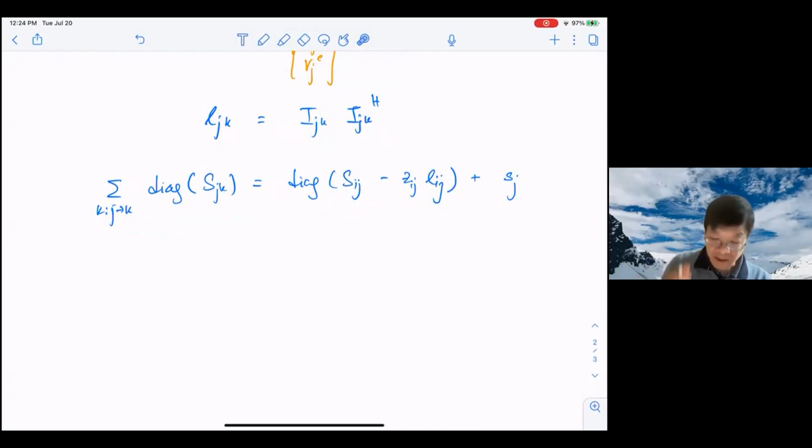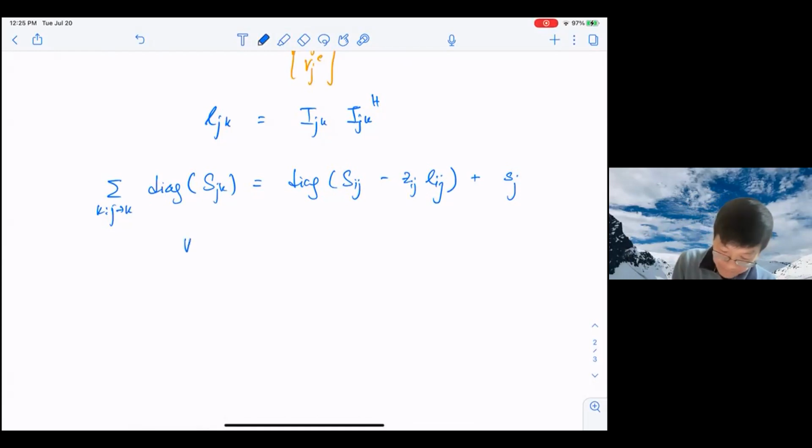Now, notice that in this power balance, only the diagonal entries of these matrices are involved. This constraint, the power balance constraint, does not constrain the off-diagonal entries of these matrices. Okay, so those off-diagonal entries of, let's say, Sjk will be determined by the next set of equations.